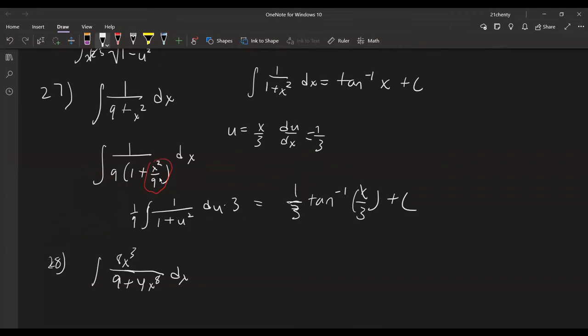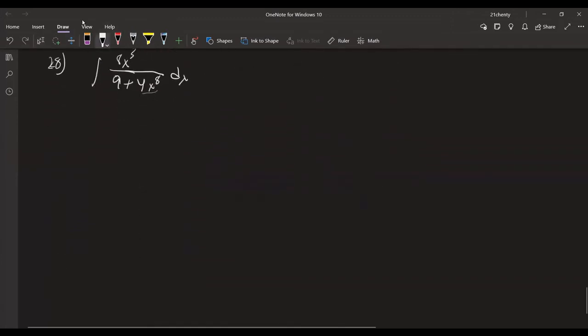So you'll also realize that the square root of this part, I hope this isn't too confusing, but the square root of 4x to the 8th is 2x to the 4th.